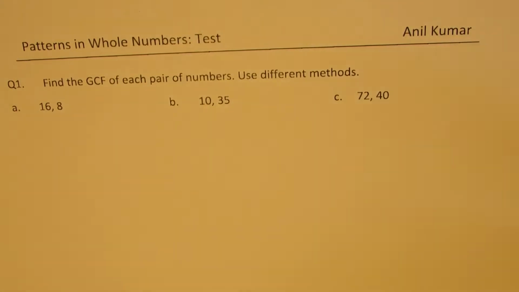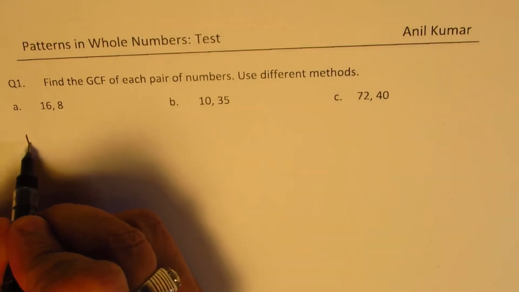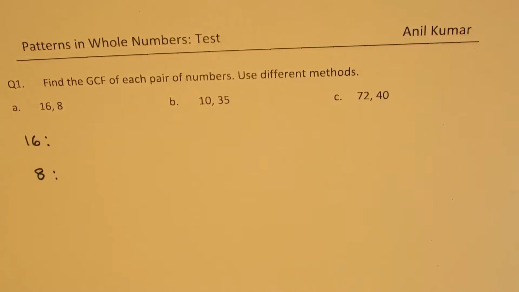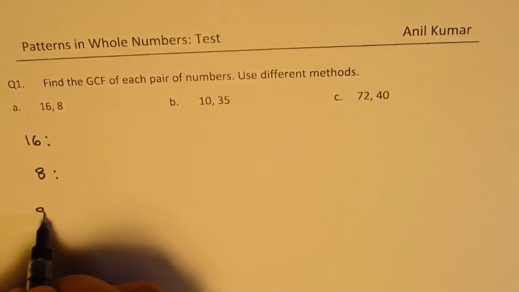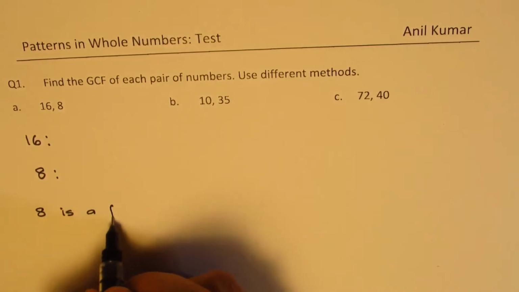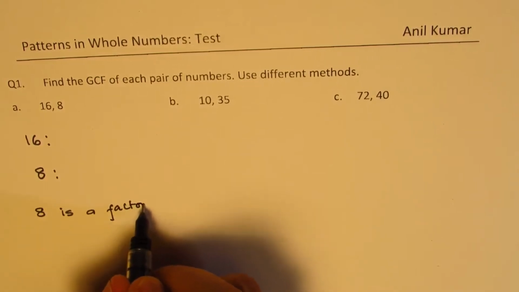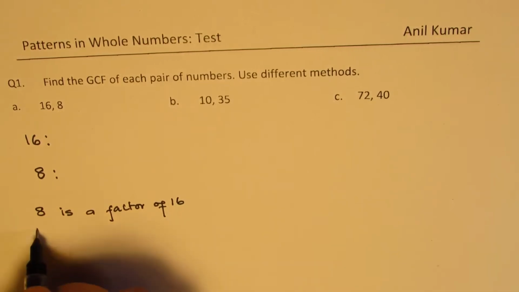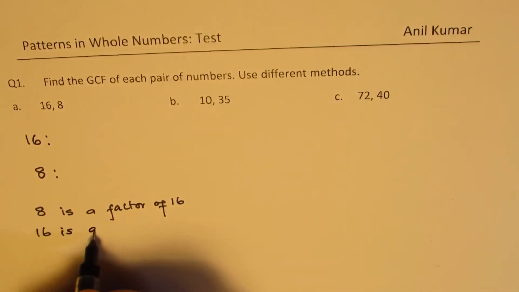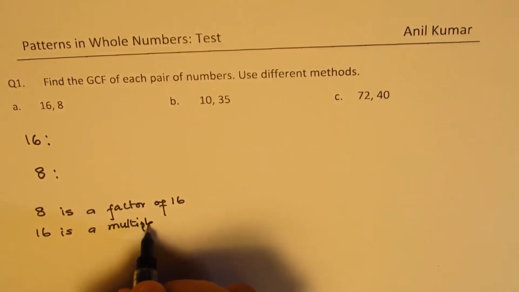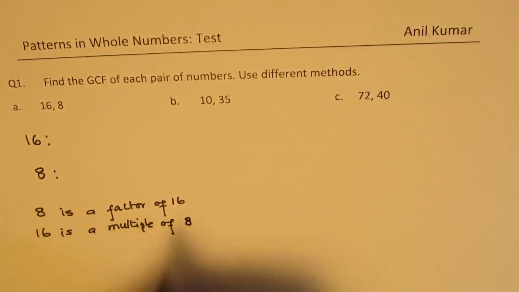So when you have numbers, one is 16, the other one is 8, right? What you notice, we know 8 is a factor of 16, all right? Or you can say 16 is a multiple of 8.